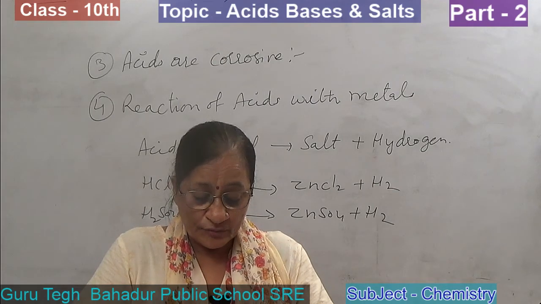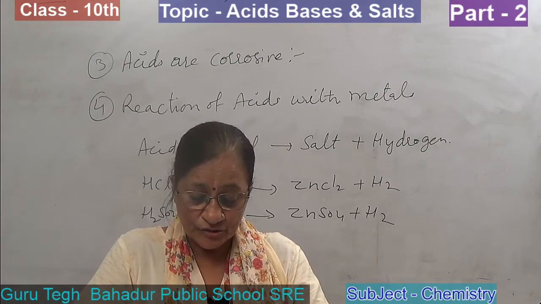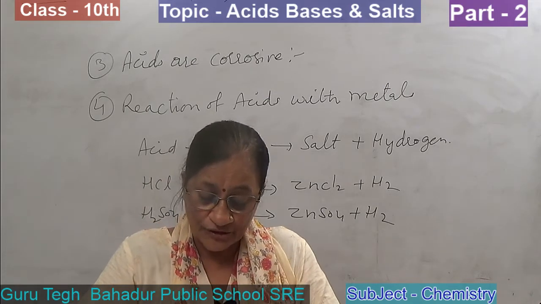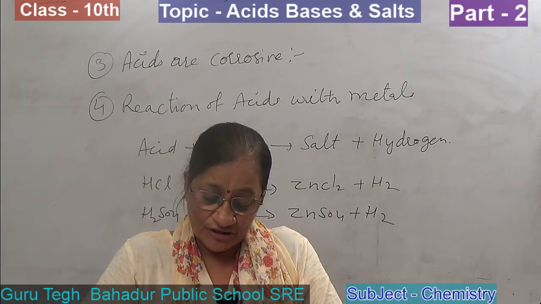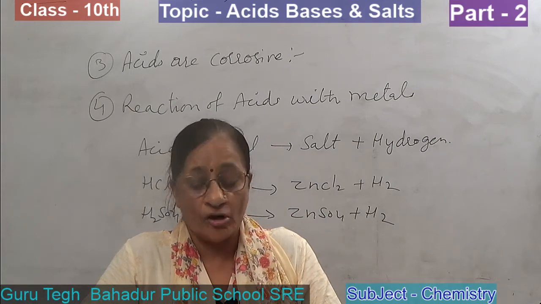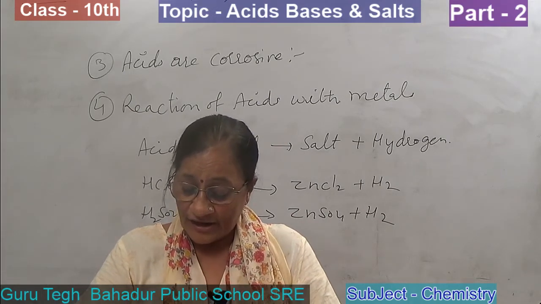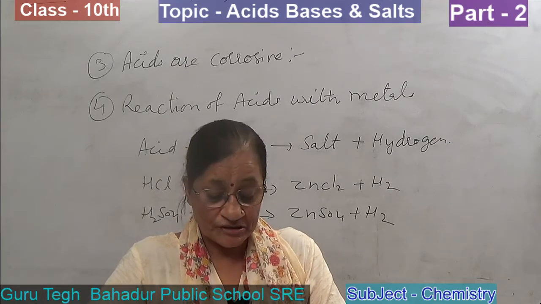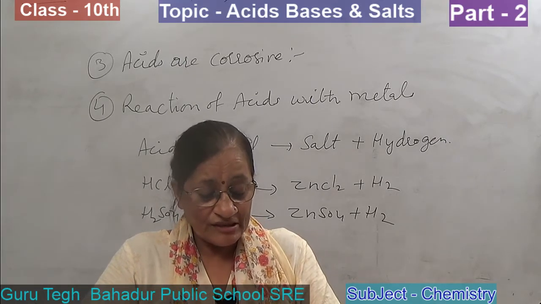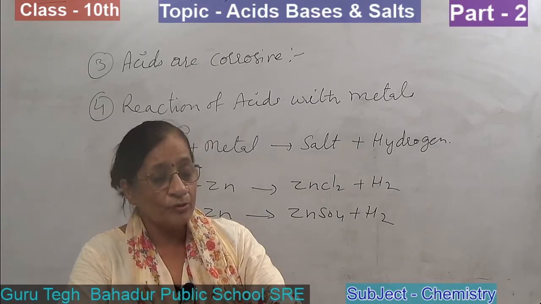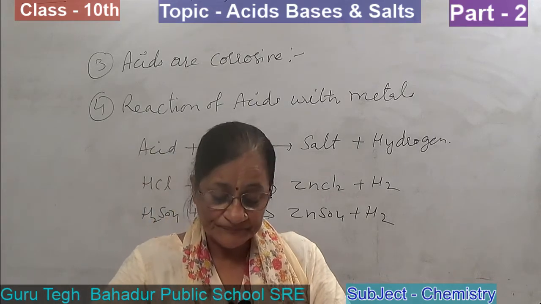One of the activities related to the reaction of acid with metal is given in your book on page number 19. Read the activity and try to answer the given questions. So the question is, how can we find out that the gas which is escaping is hydrogen?